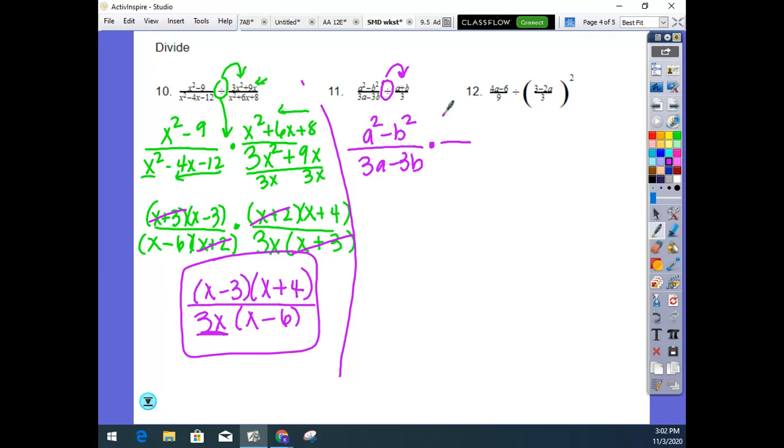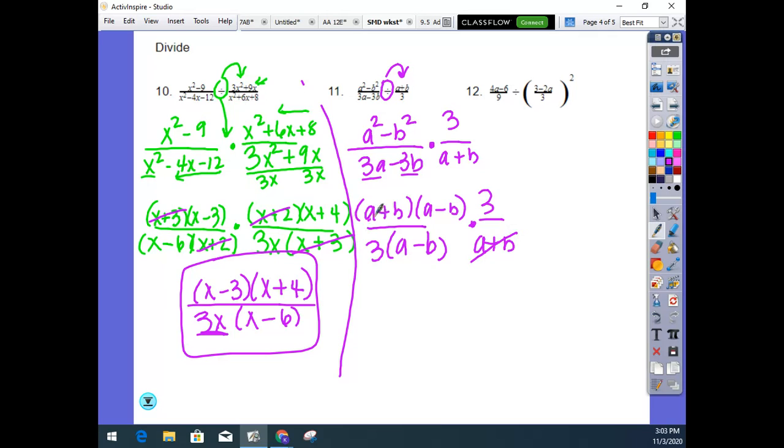Multiply by the reciprocal. Factor the top, factor the bottom. Nothing I can do with this one.